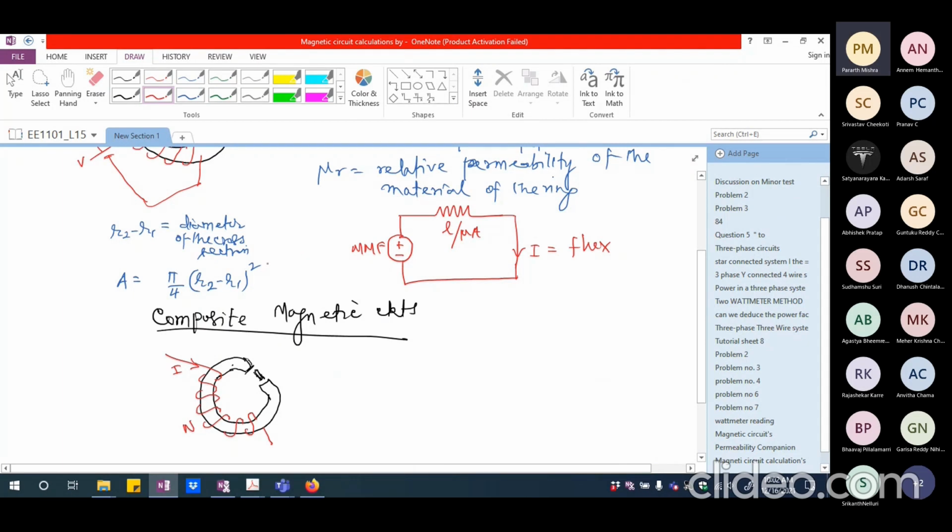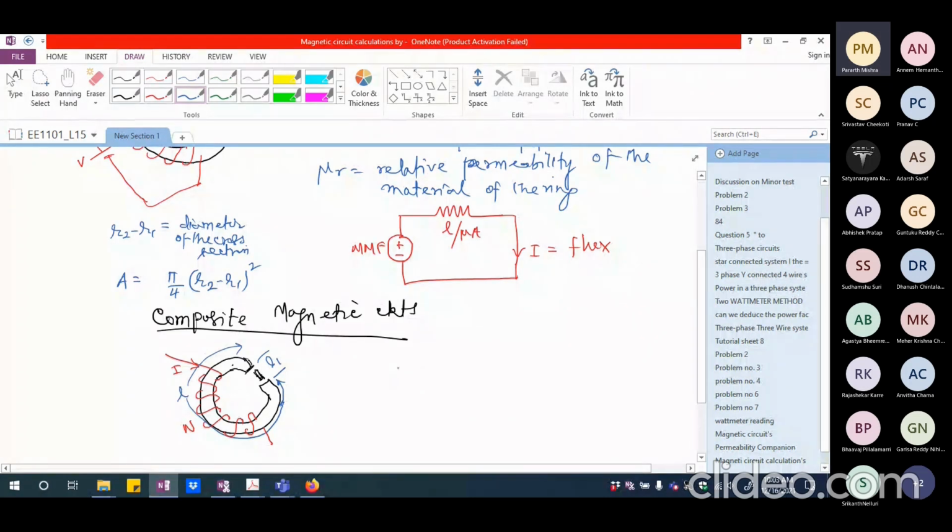Now, clearly I'm going to have this particular portion. If I try to look at this particular portion, let's say this length is L1. Okay, whereas if I try to look at the complete circumference of this entire field, this is going to be capital L. Full length is L. So I should be able to calculate the reluctance.